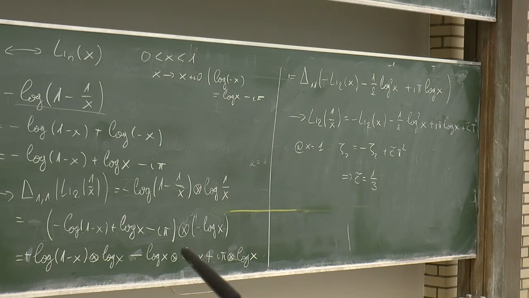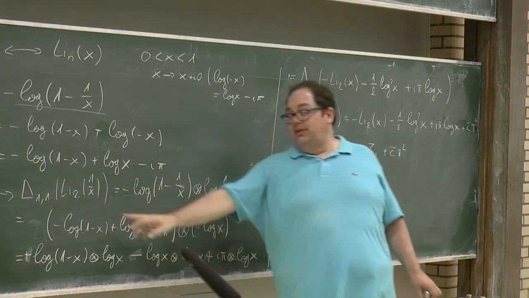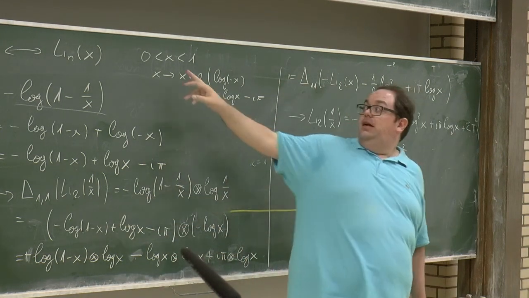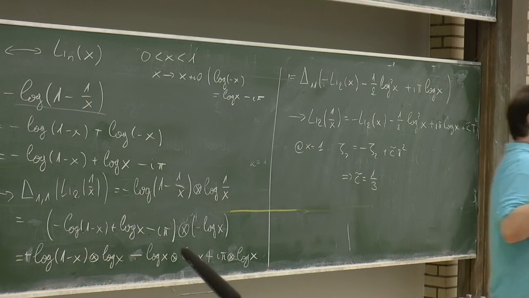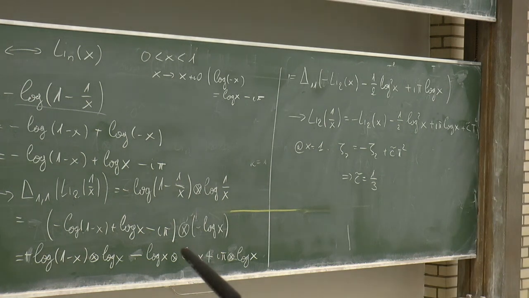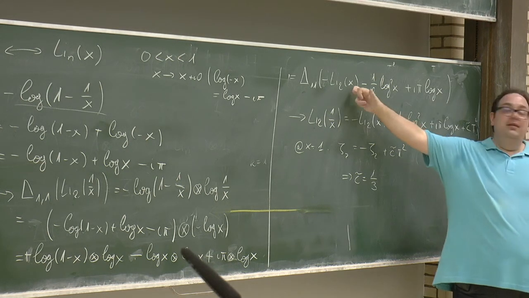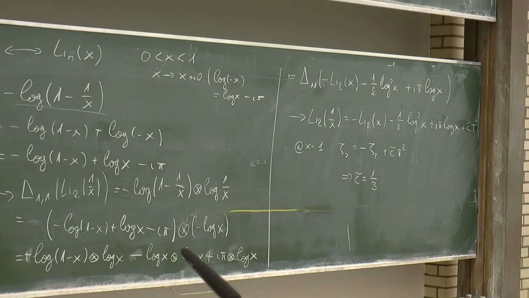So I have to make a choice, what I call my basis. For example, here why do I not like d2 of 1 over x in my basis? Because I declared x to lie between 0 and 1, and I want my basis vectors, for example, to be real in that range. So I make a choice. That is why I like d2 of x better. But it's a personal choice.